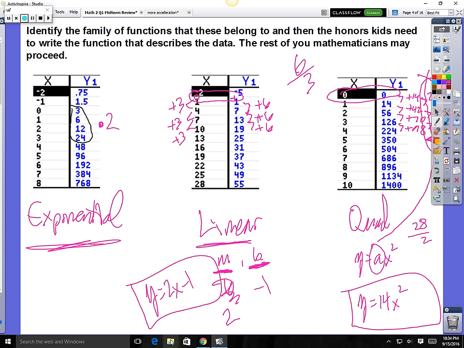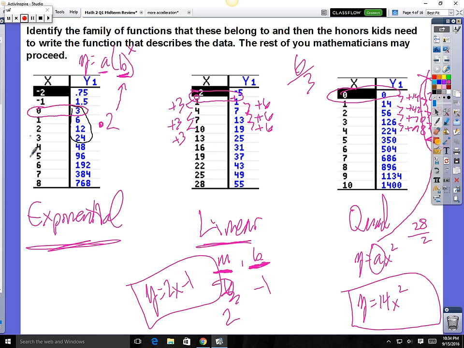Okay, the exponential. So that was a trick question. Exponential. They taught you the model was y equals a b to the x. Okay, b is your rate of growth. B is how fast it's growing. And since it's doubling every time, my b is 2. And your a is right here.